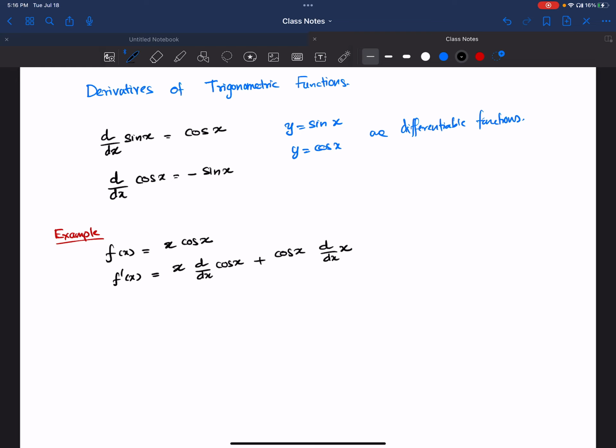Remember the product rule that we used earlier. So this is negative sine x plus cosine x times 1. So we have negative x sine x plus cosine x. This is f prime x.